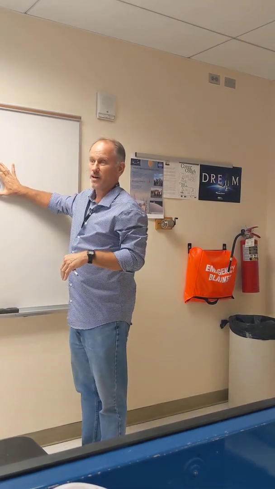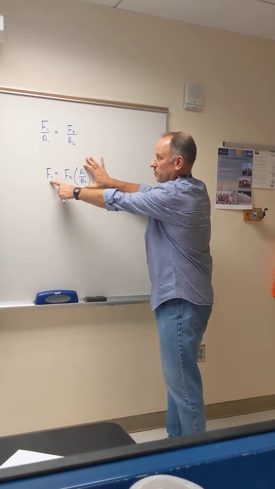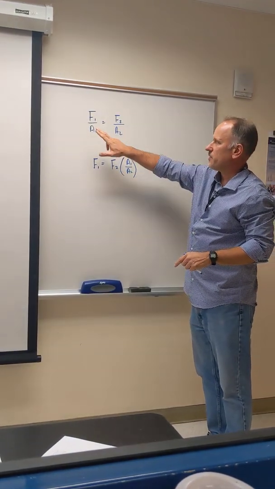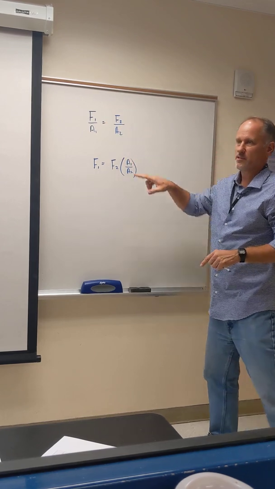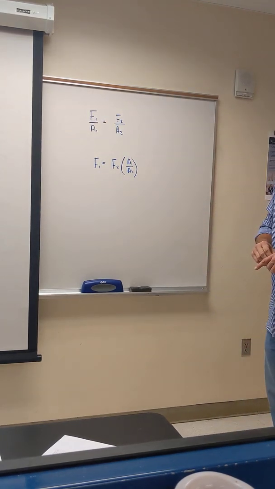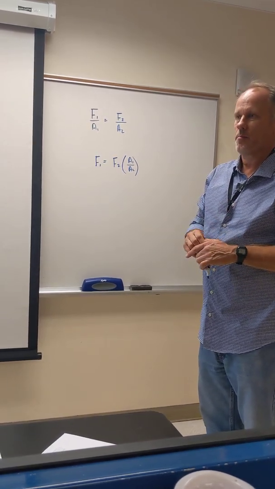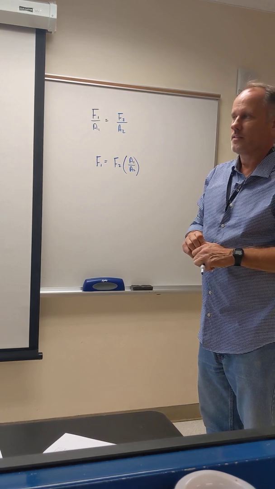So I can put a smaller force in to get a bigger output. It's the basic idea. I can manipulate this any way I want to make this work. This is the essence of hydraulic assist that we get from different things.